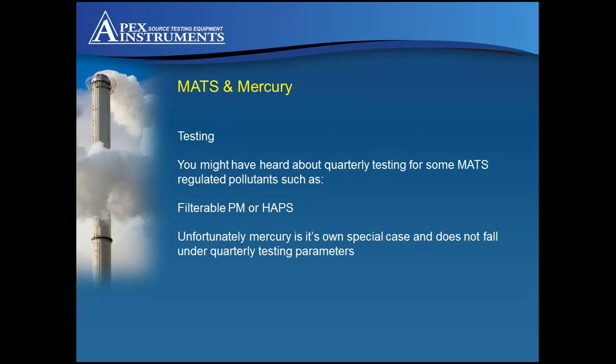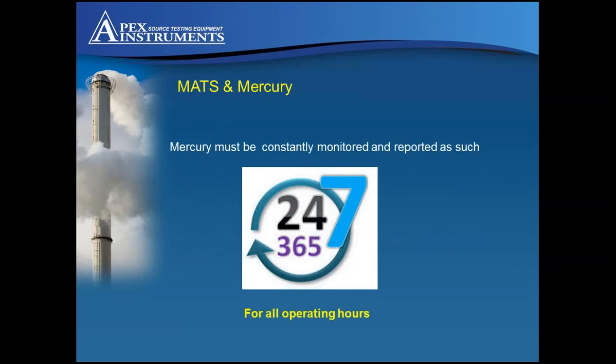However, in the field of Mercury and what we're talking about here today, it is based on constant reporting. And the next slide will show you that Mercury must be constantly monitored 24/7, 365 days a year based on your operating hours. So that's where we stand today in terms of being compliant for PS12B and Appendix A.